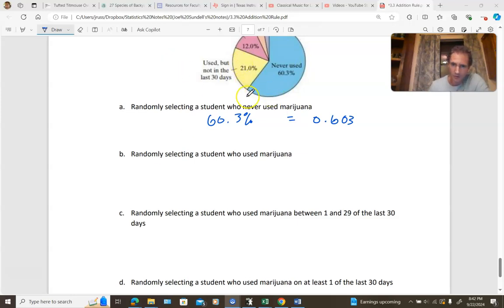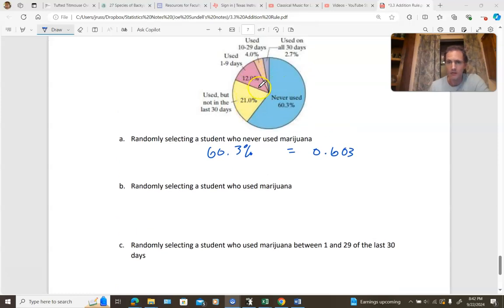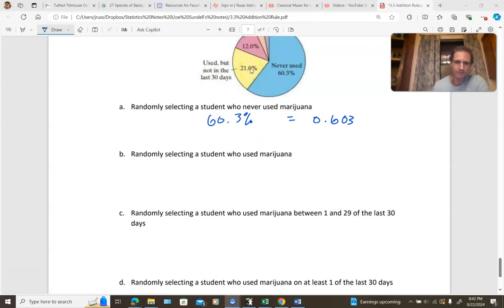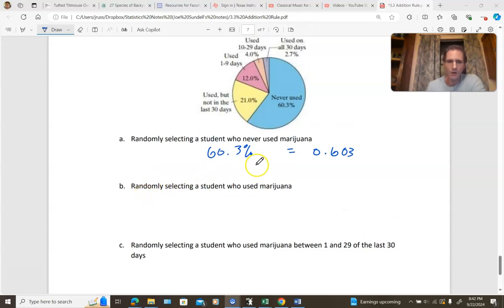All right, part B, randomly selecting a student who used marijuana. Well, if you used marijuana, it doesn't matter the time period, okay? You used it, so that would actually be all of these smaller slices of the pie. So we need to add all of these up. Really, in the context of this section, guys, using the addition rule, what you're doing here is saying, what's the probability of this or this or this or this?